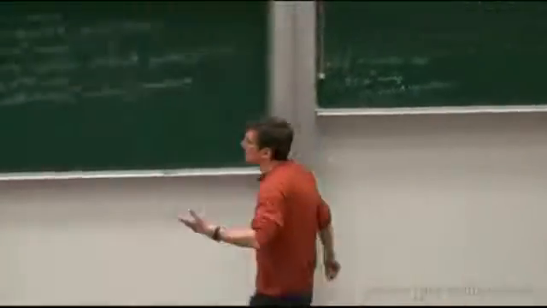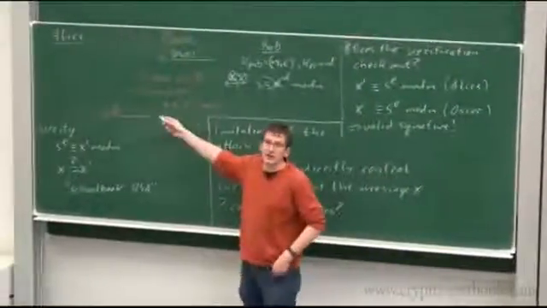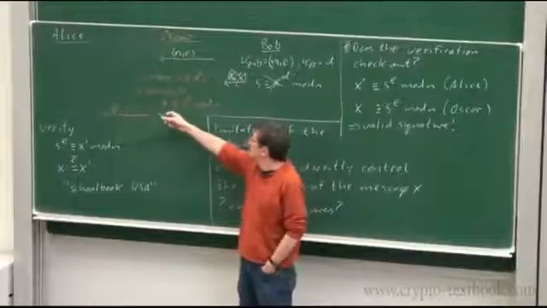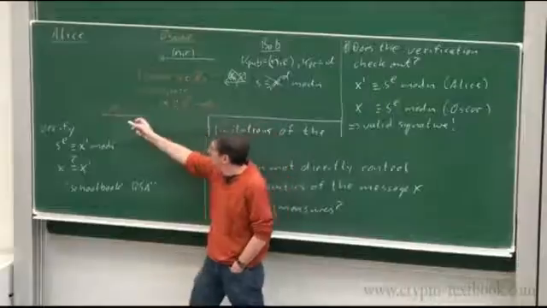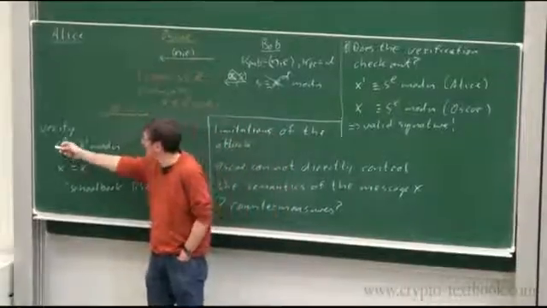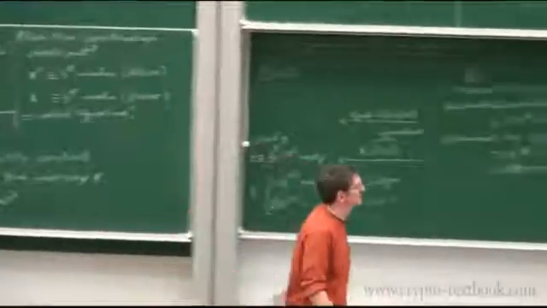Similar to what happened before, if Oscar computes a message as s to the e, and later on Alice verifies s to the e, you get the same expression.